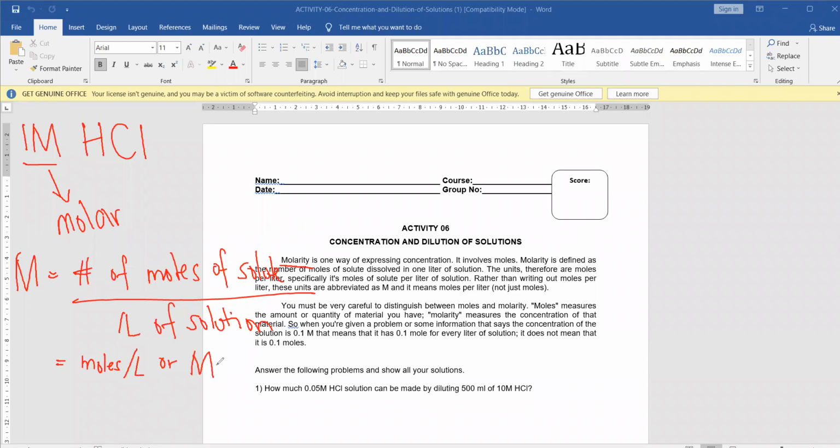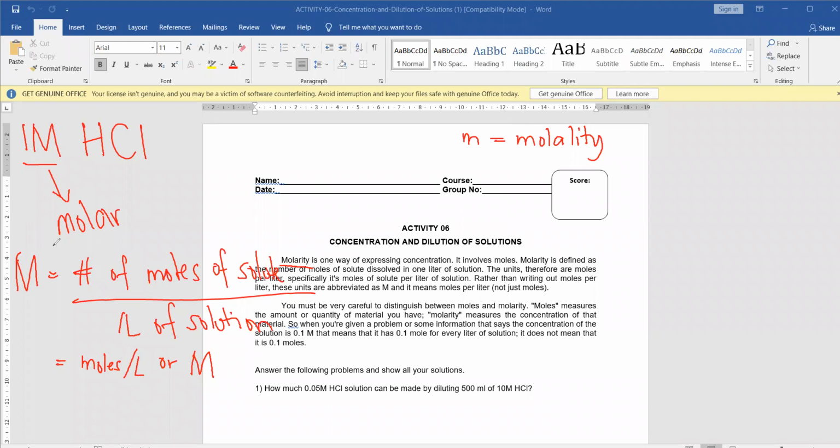So do not forget it should be capital letter M, because if you write it in small letter it is a different unit of concentration, and that is molality. Itong capital letter M is molarity, and ito yung gagamitin natin today. Okay?